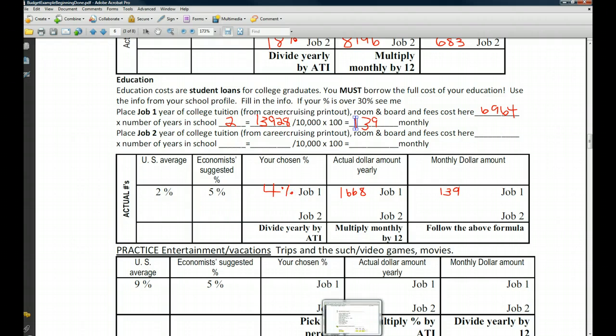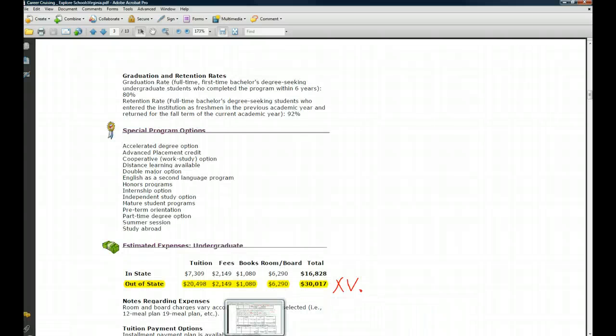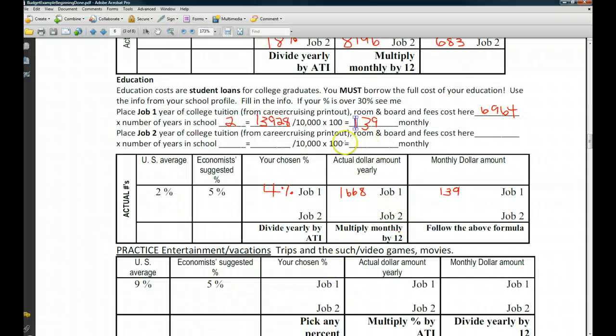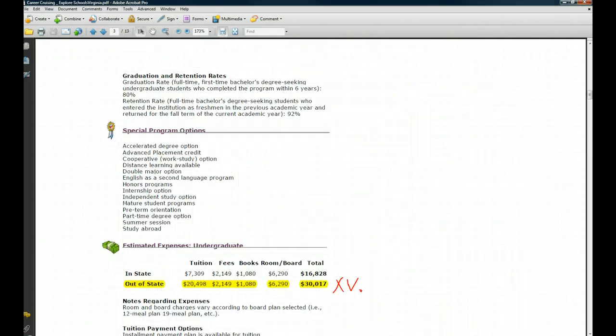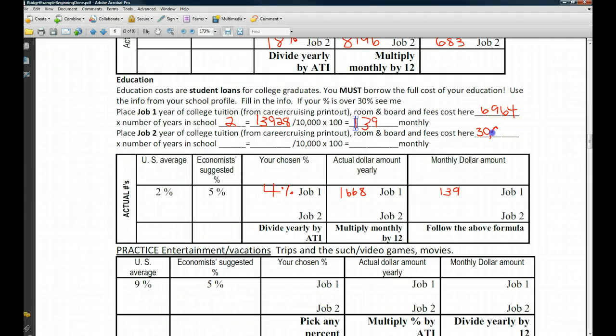All right. So now the cost of my undergraduate is $30,017 a year. So I put that in that first blank. This is a 4-year degree.